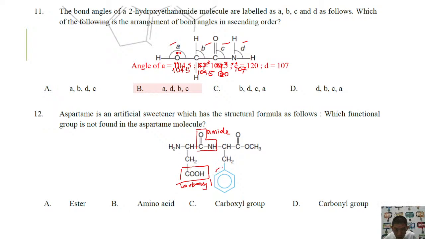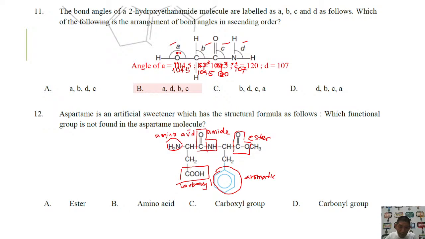And this one you must know is aromatic. And then you have a COOCH3, so this is ester. And then because you have NH2 and COOH, this is the base of an amino acid. So amino acid is also part of the functional groups inside here.